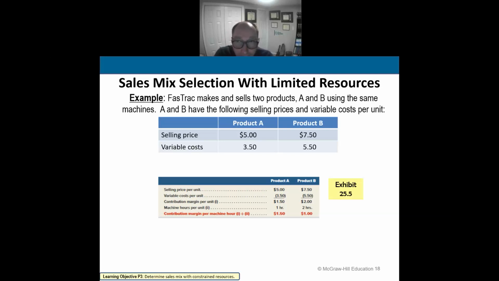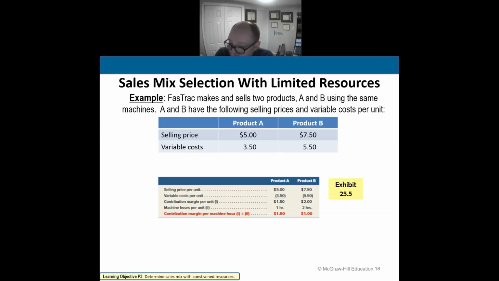So in our sales mix, we have wiper blade A and wiper blade B. B is the one with the Rain-X, the fancier model. Let's take a look at the first thing we want to do to understand our sales mix. We identify our contribution margin per unit. And you all remember how to do that, right?